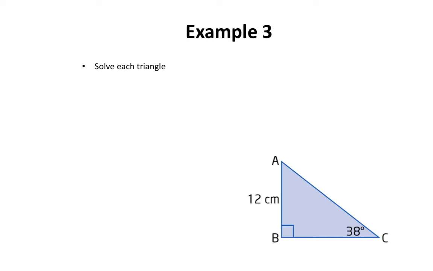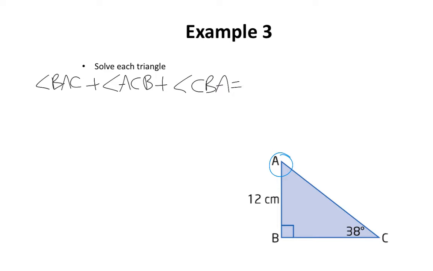Let's figure out the angle of BAC. So we know that the interior angles of a triangle add up to 180 degrees. So let's represent that mathematically. I'm going to write angle BAC plus angle ACB plus angle CBA is equal to 180 degrees.